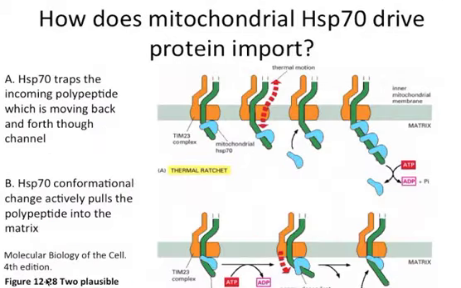Okay. So I'm talking about HSP70. How does HSP70 drive import? You have the cytosolic HSP70 that's binding to the protein and preventing folding and aggregation. But you also have the mitochondrial HSP70 that's helping to bring the protein in. There are two theories on how HSP70 pulls the protein into the mitochondria. One is called the thermal ratchet mechanism.